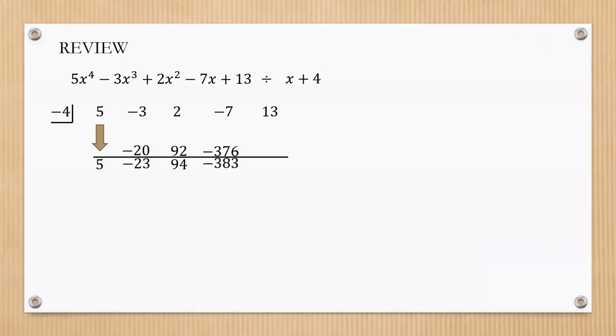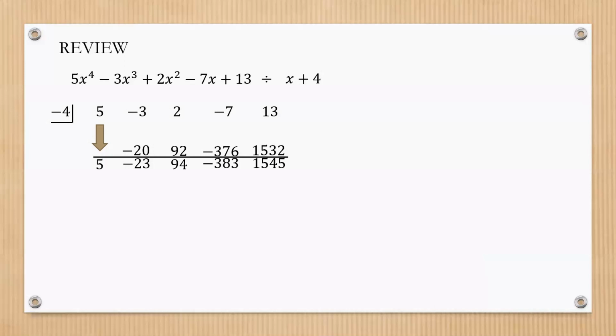Okay, so negative 383 and then multiply again to negative 4. This is 1,532 already. Okay, so add natin to. So this is 1,545. Now, our answer, gaya na sinabi ko, dun sa ating original x to the fourth, sa ating answer we just simply subtract 1 sa x to the fourth.